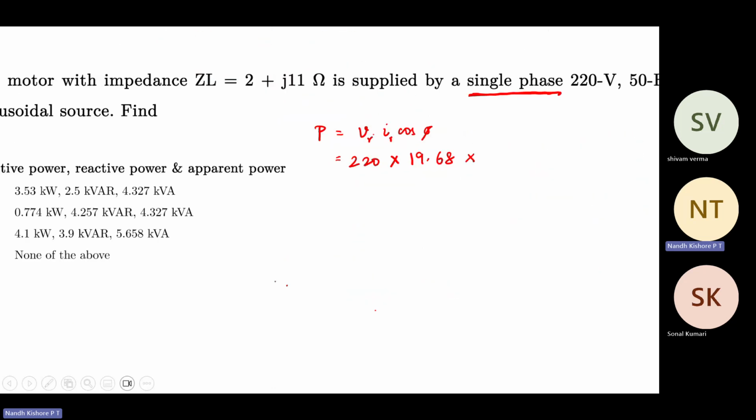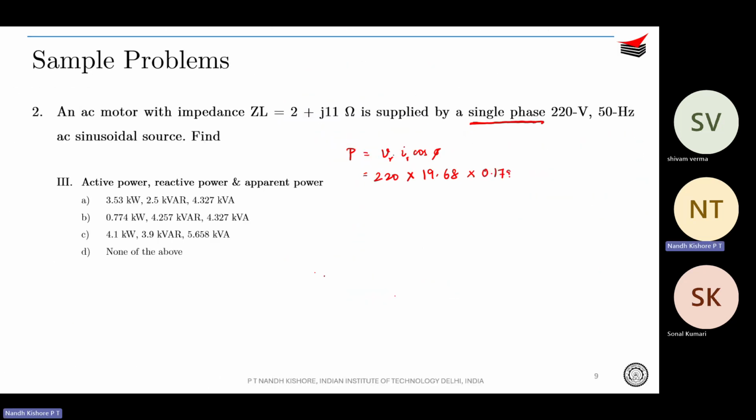So 220 into 19.68 into 0.179 gives us 774, 775 watts. I think the answer is B probably, but we'll find out because there is an option called none of the above.